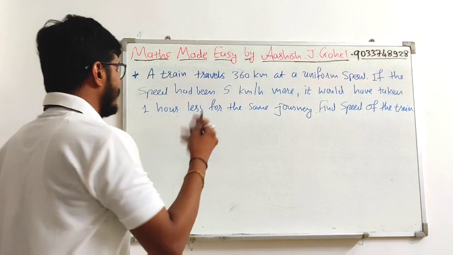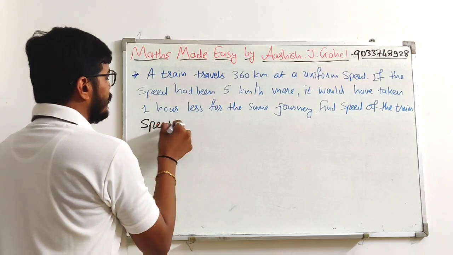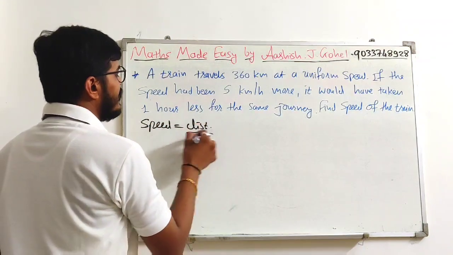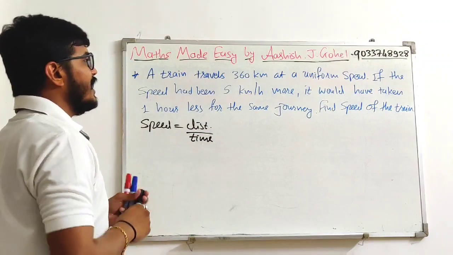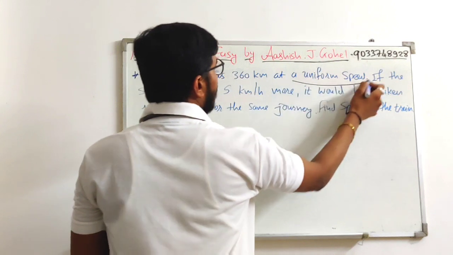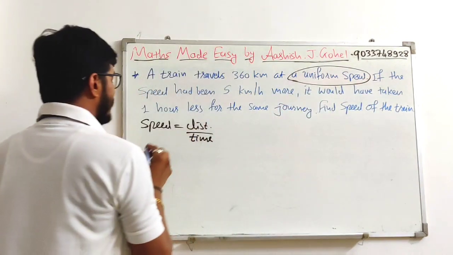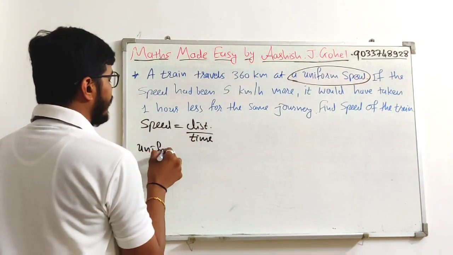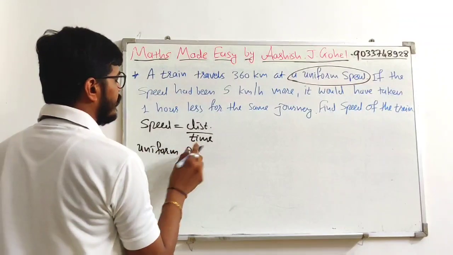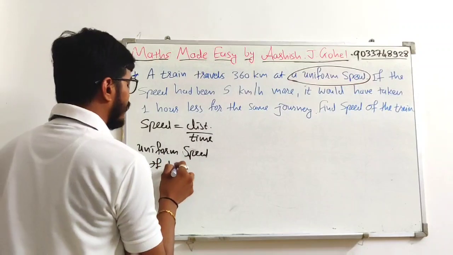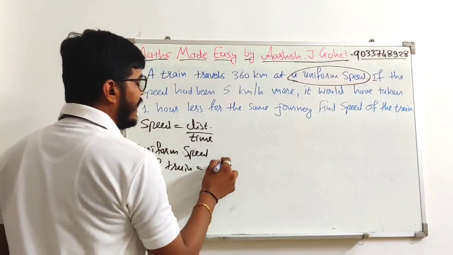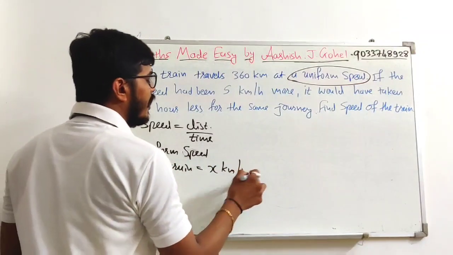The relationship is speed is equal to distance divided by time. Now we need to assume that the uniform speed of the train is x km per hour.